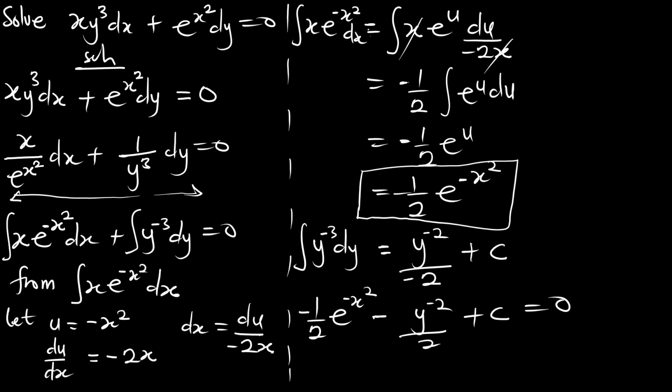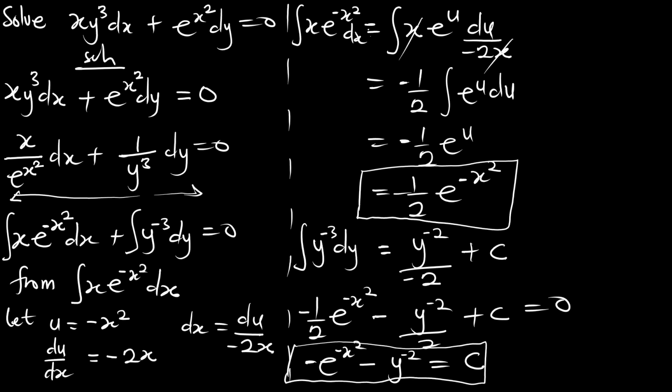So we can multiply through by 2 such that we have negative e to the negative x squared minus y to the negative 2 is equal to our constant c. This is our final solution. It can also be simplified by multiplying through by negative one, giving us e to the negative x squared plus 1 over y squared is equal to c. This is also a simplified version of the solution.